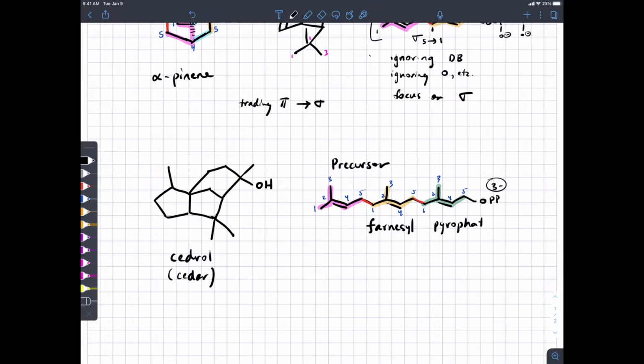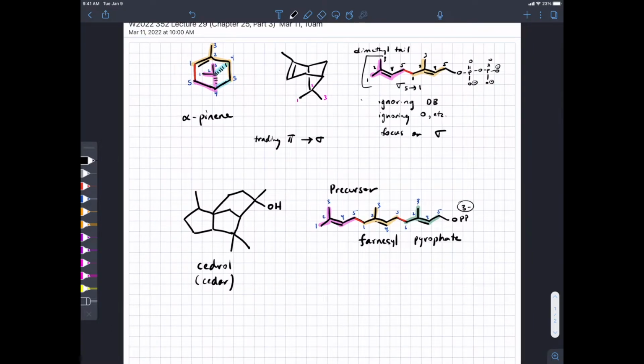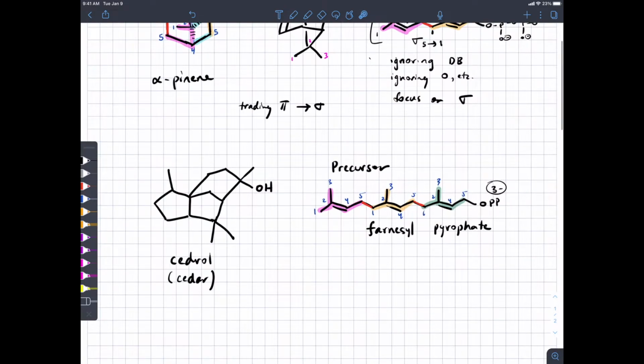And I'll show you later how you can make this from this 2 isoprene unit starting material. So 15 carbons, and we come into this process already having the bonds between pink 5 and orange 1, and between orange 5 and green 1.